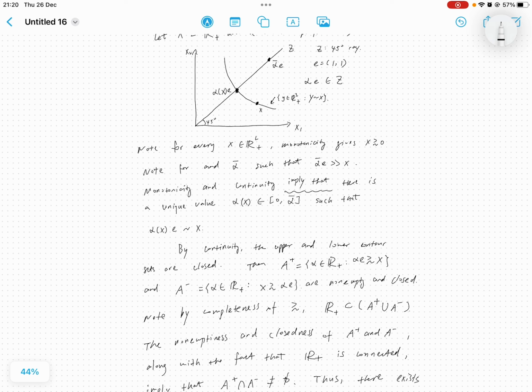There's only this one point of this alpha, at most one alpha, to scale this vector e to be the same length as this x. And that is our utility function.